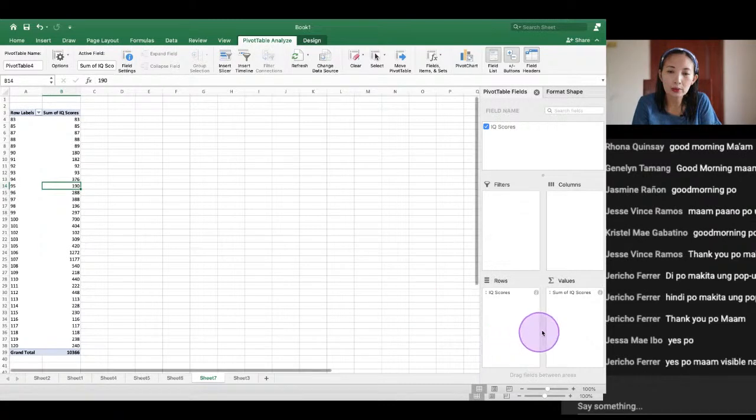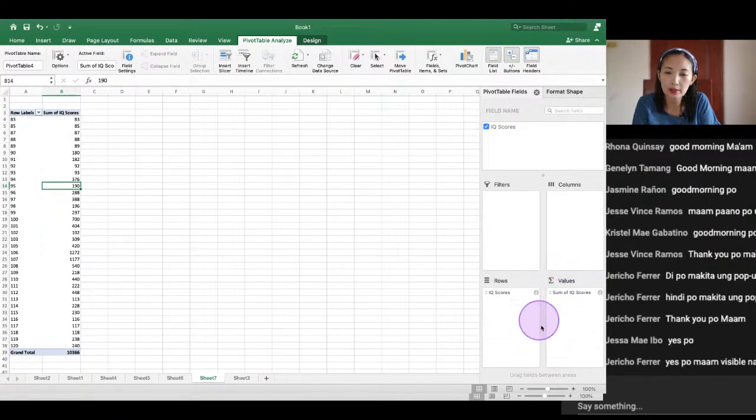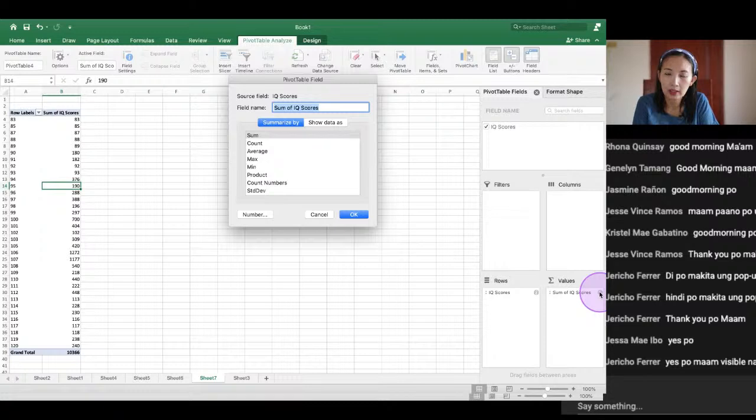So, go back to the summation values box and click on this small icon here. What is highlighted is sum, but like I said a while ago, we want the count or the frequency.